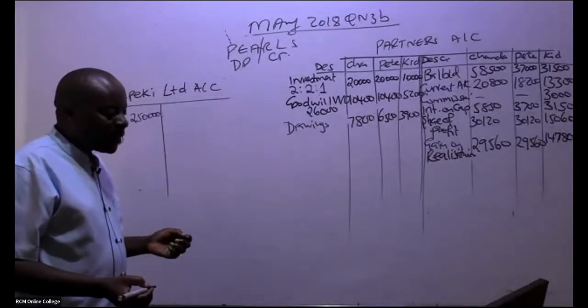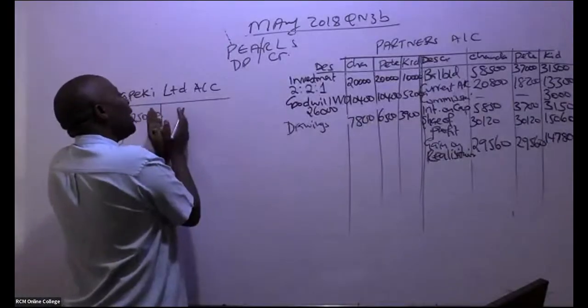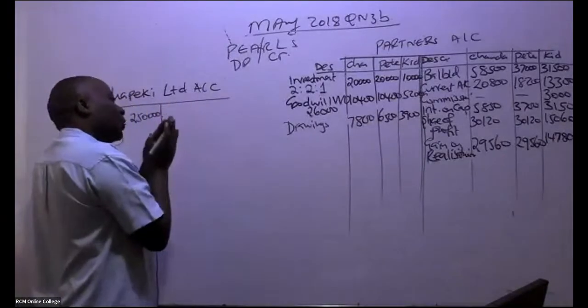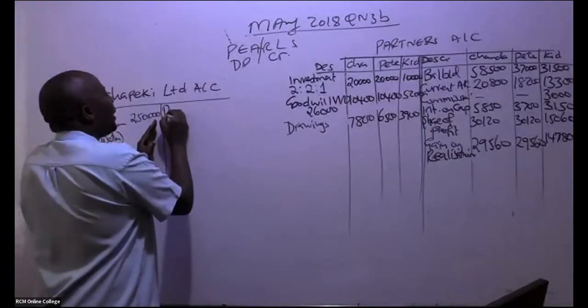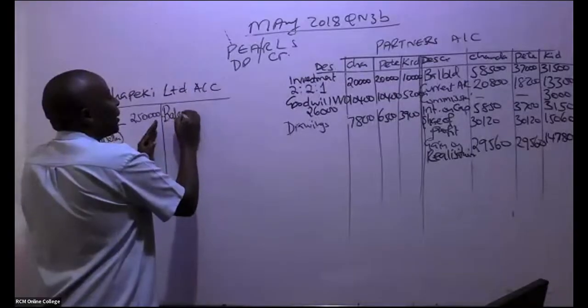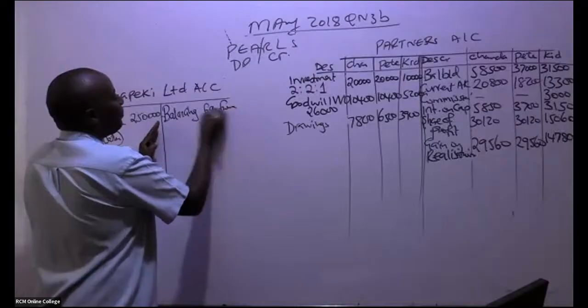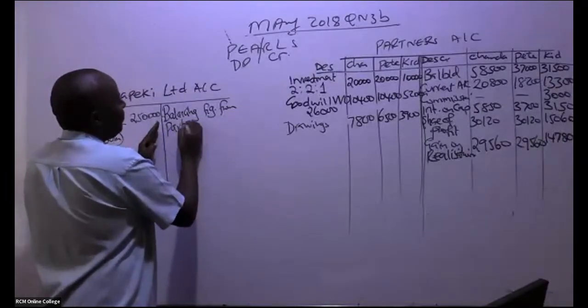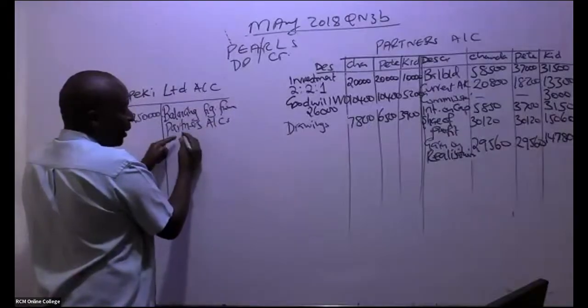Now remember this account also gets balancing figures from the partners' accounts. You write each partner here.